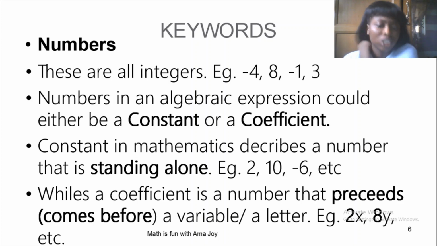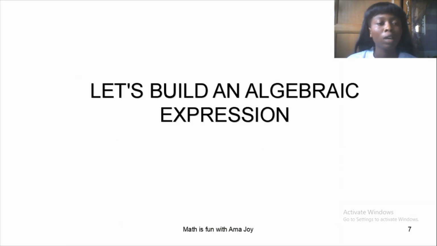Whilst a coefficient is a number that precedes or comes before a variable or a letter. For instance, I have 2x and 8y. You can see I've boldened the coefficient. The coefficient of 2x is 2. The coefficient of 8y is 8. So it's a number that comes before a variable or a letter.